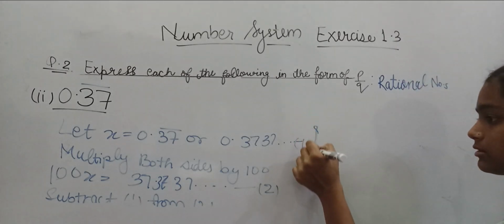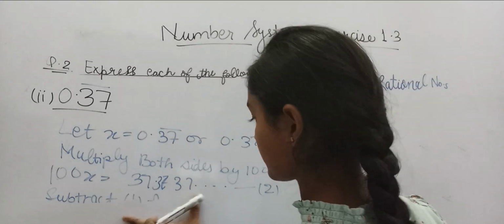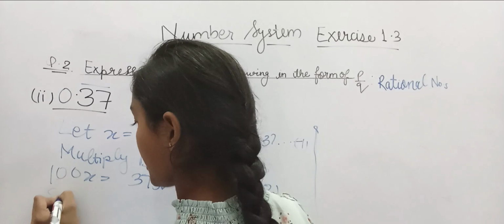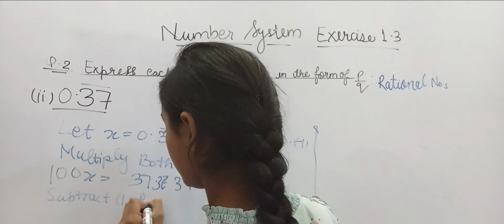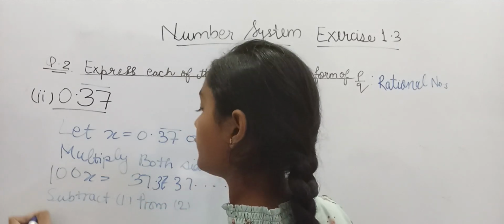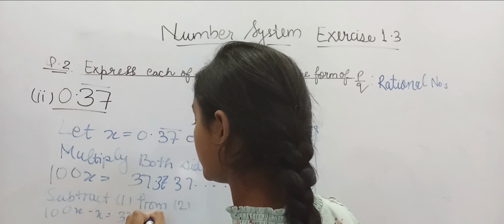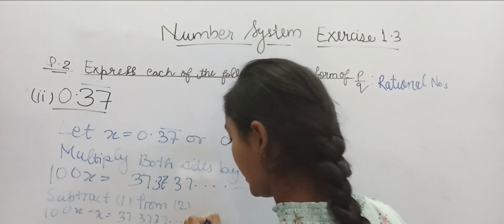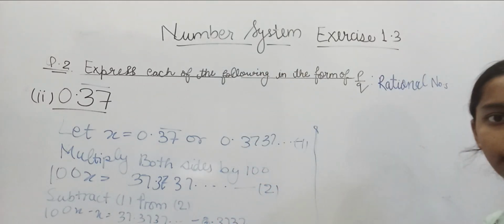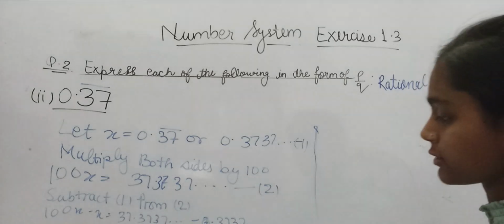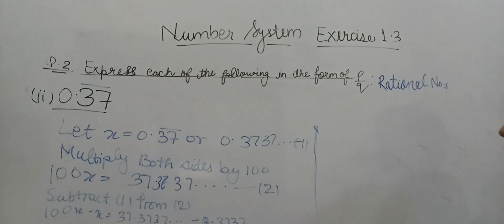So we subtract first from second. It would be 100x minus x is equal to 37.3737 and so on, minus 0.3737 and so on. Sorry if it's not visible, but you can hear me clearly. I hope my voice is clear.